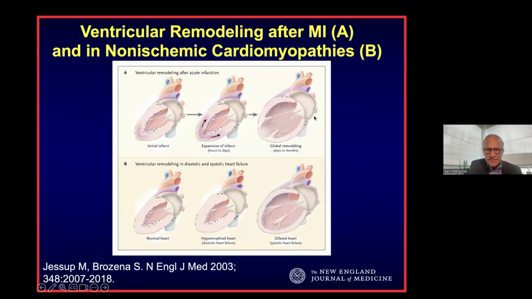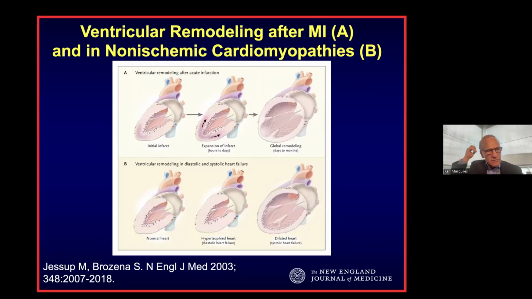We see that after an initial insult, let's take on the top a myocardial infarction, an apical MI, we might see no immediate effect on the shape of the overall left ventricle, but then within a short amount of time, we begin to see a process called expansion of the infarct, and then later, months usually, or even years, we start seeing global remodeling, where the whole heart chamber dilates, the area that was infarcted thins, and even the other walls tend to thin to some degree as the chamber gets more distended.